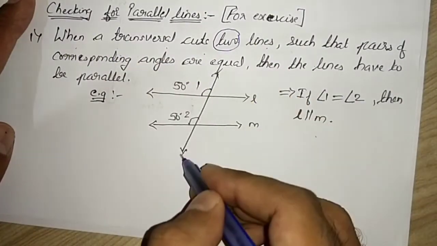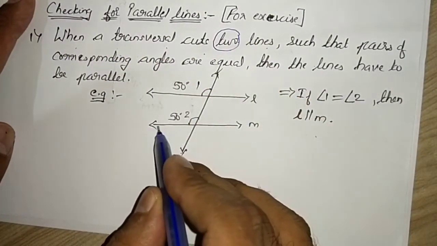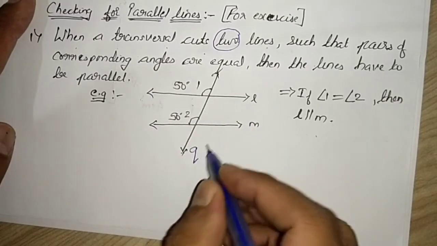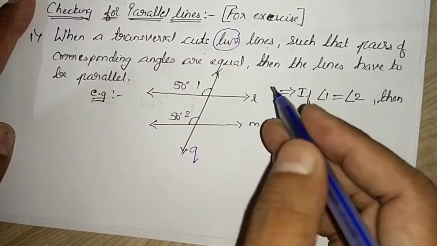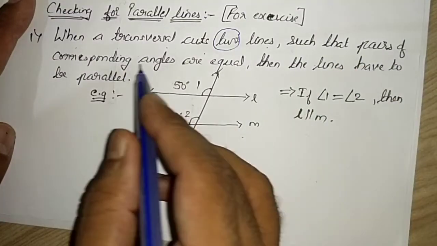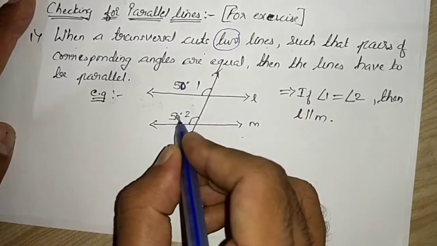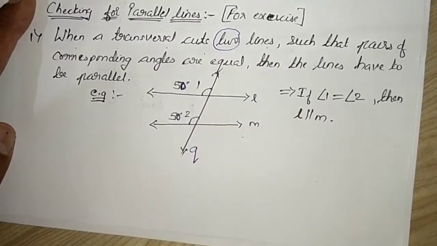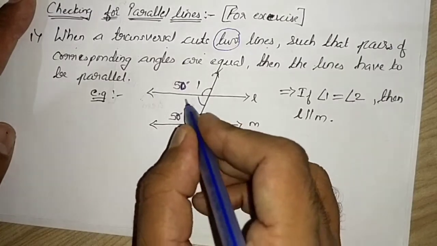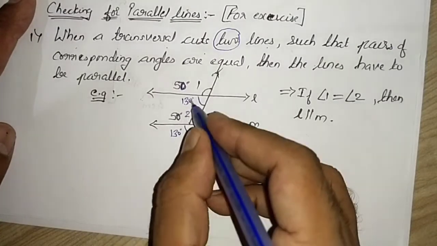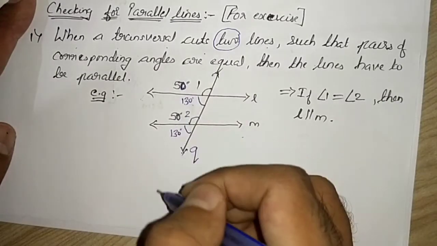When a transversal Q cuts two lines L and M such that a pair of corresponding angles are equal, say 130 is equal to 130, 50 is equal to 50.